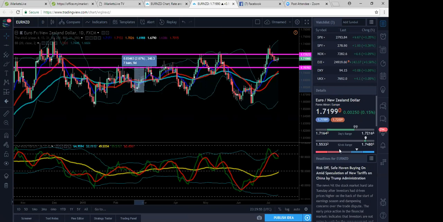I would have kept checking it and kept moving my stop loss up closer and closer into profit. So I would have captured most of the move.